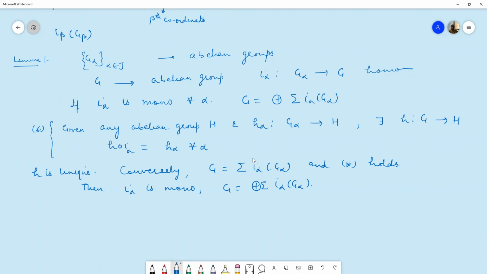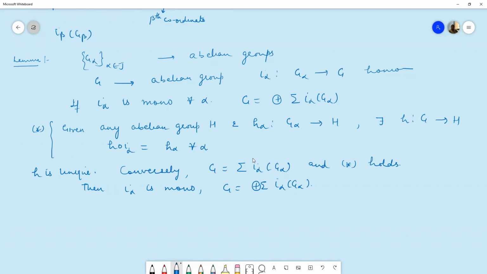So this lemma is just like the previous extension condition, which was proved for internal direct sums, but the only thing here is that we want to prove that each I alpha is a monomorphism.